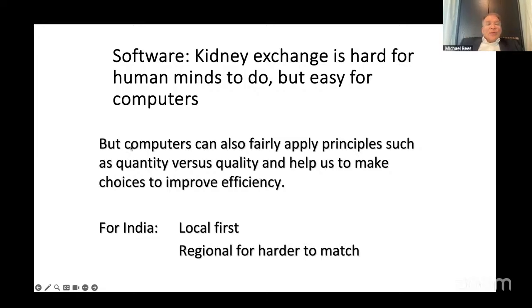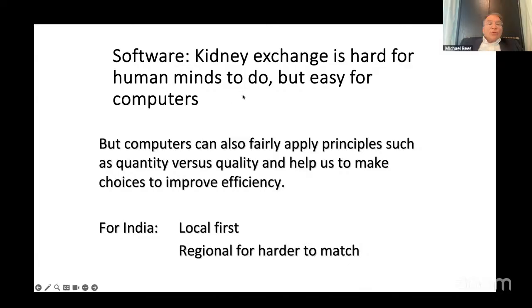The other beautiful thing about computers is that they can fairly apply the principles, such as the number of transplants versus the quality of transplants, and help us make choices that balance quality and quantity fairly across different transplant centers.